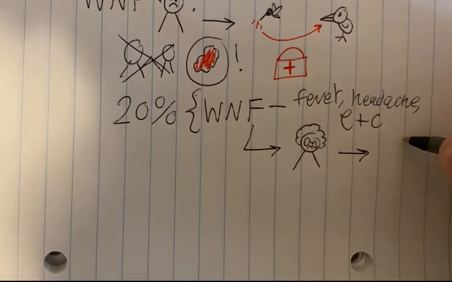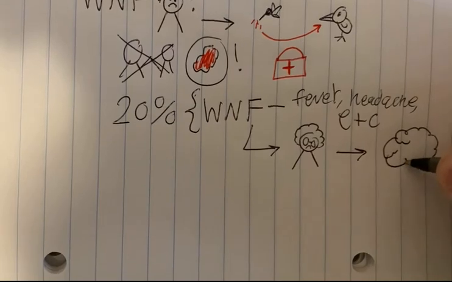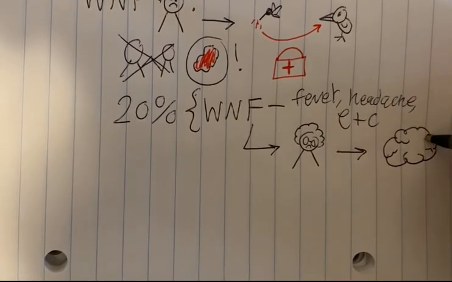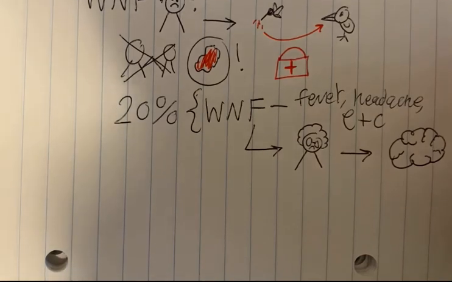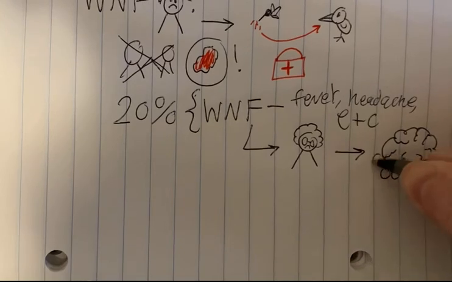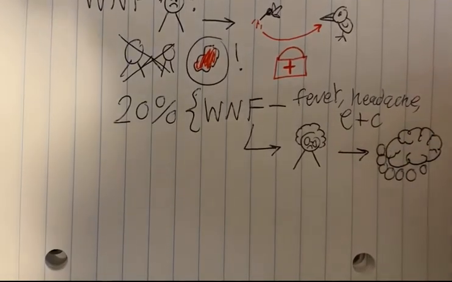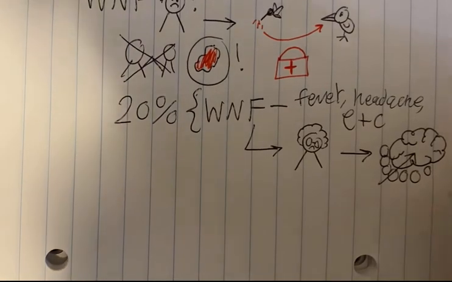Treatment varies depending on how old you are and how severe your symptoms are. If you have particularly severe symptoms, you could be hospitalized, put on IV fluids or a ventilator, and receive nursing care.